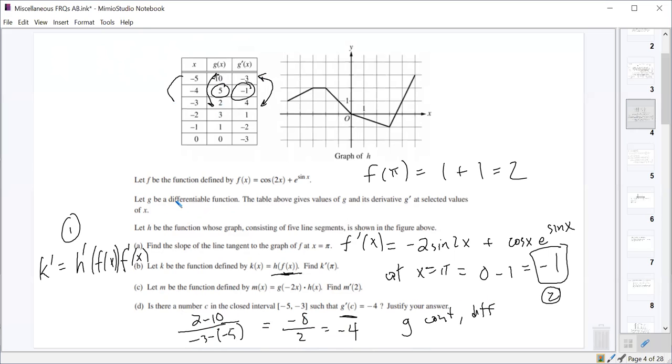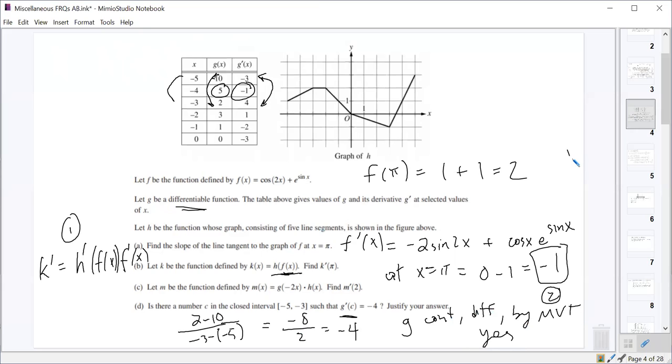We know it's continuous because it says it's differentiable. So G is continuous and differentiable. So by the MVT, yes. If the average rate of change is -4, then the instantaneous rate of change on that interval must be -4 at some point as well.